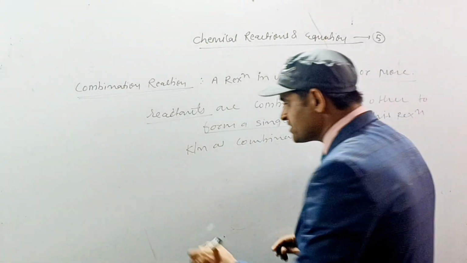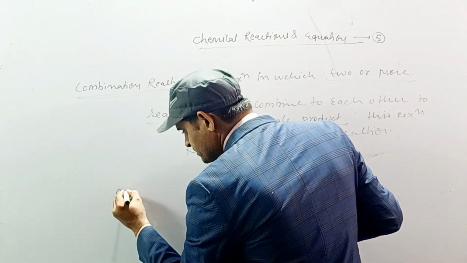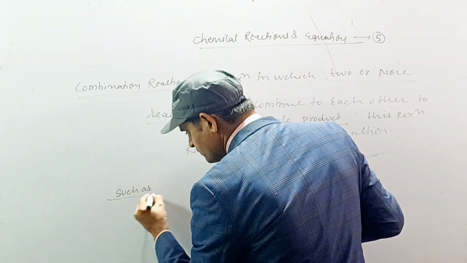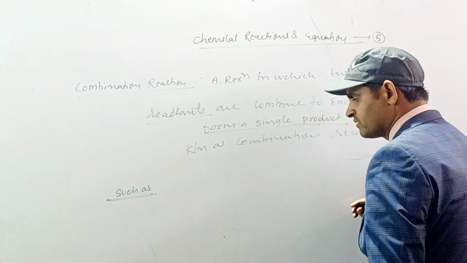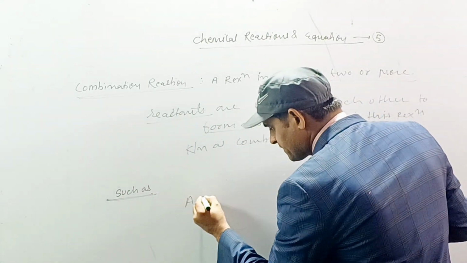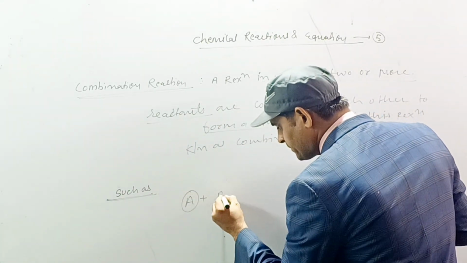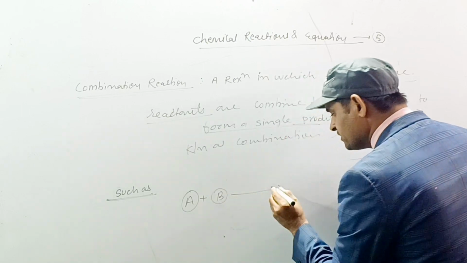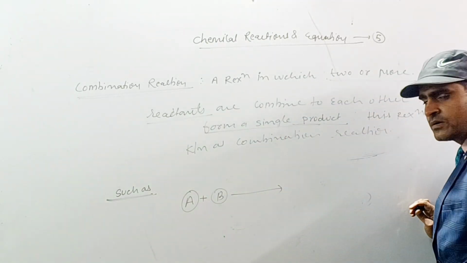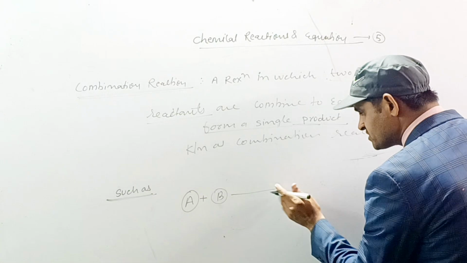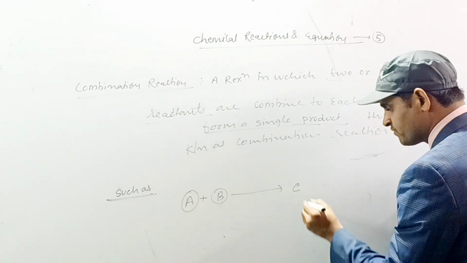Now, such as A plus B gives C, where the arrow is the symbol of an irreversible reaction.